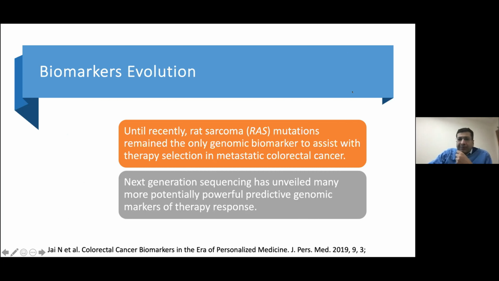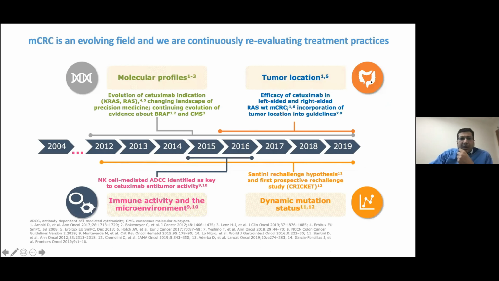If we look at the evolving field in the metastatic setting in colorectal cancers, there is a lot of development. There are a lot of molecular profiles which we are developing as of today. Then again, we have come to know that a tumor on the right and left has a difference.